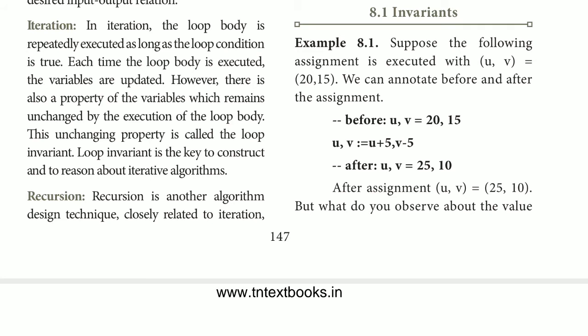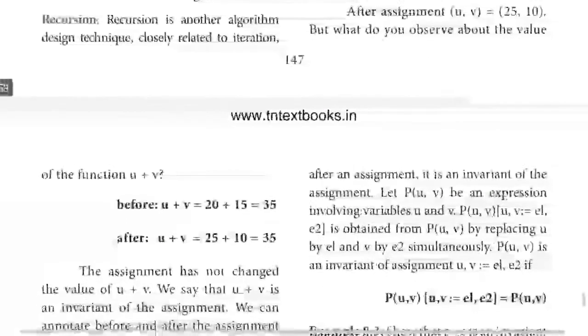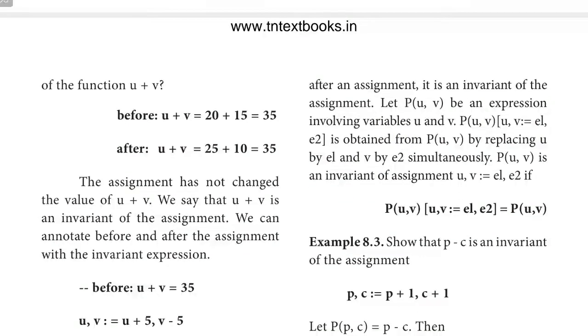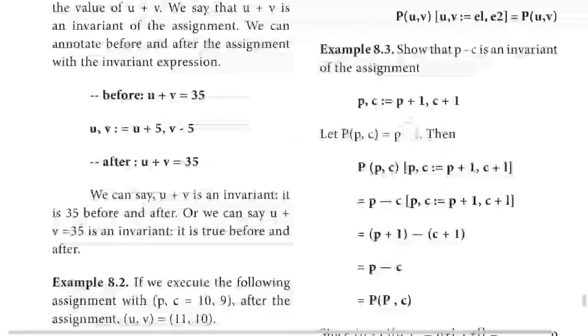After that, u is changed to 25 and v is equal to 10. Adding both values before the assignment, u plus v is 35, and the addition of the two values u plus v is 35 after the assignment. So the value doesn't change here. 35 is the same. So this is an invariant.